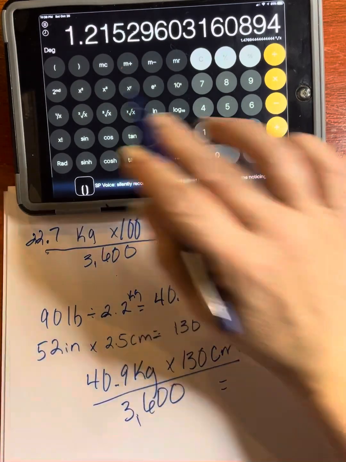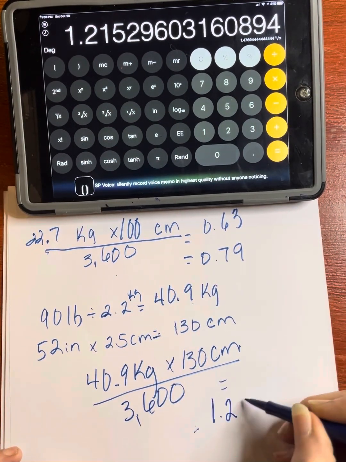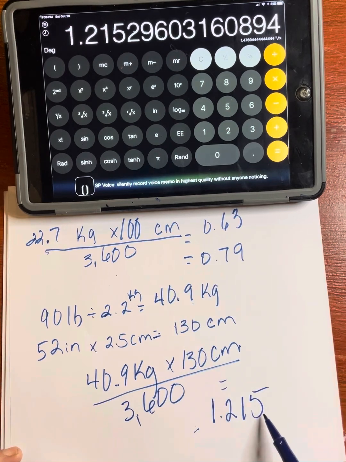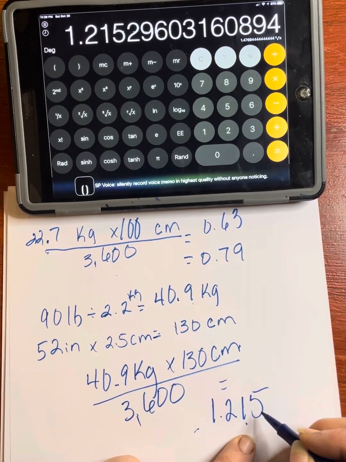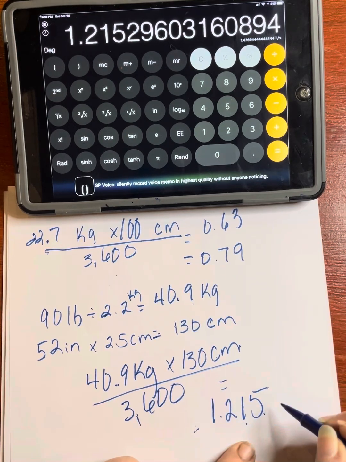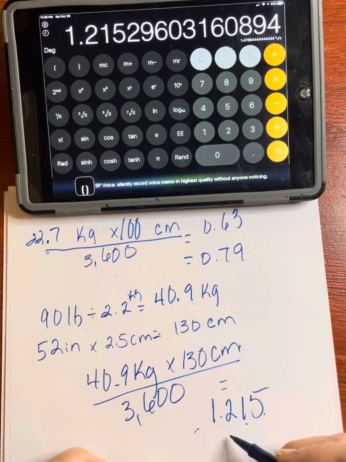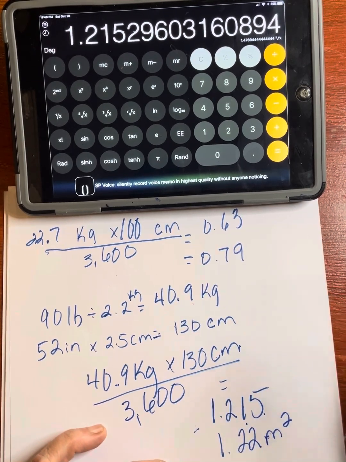It will be 1.215, and that 5 is going to make that a 2, because you have to do 2 places behind the decimal point. And that's going to be meters squared.